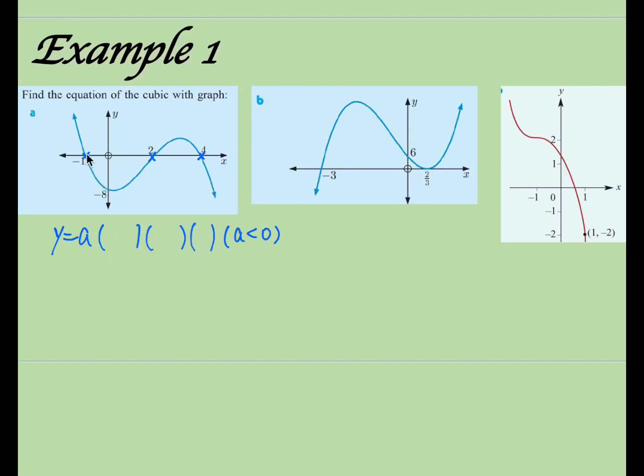For the first one, x equals -1. We will use it to create the factor x plus 1. And then for the x-intercept x equals 2, we will get the linear factor x minus 2. For x-intercept 4, the linear factor is x minus 4.